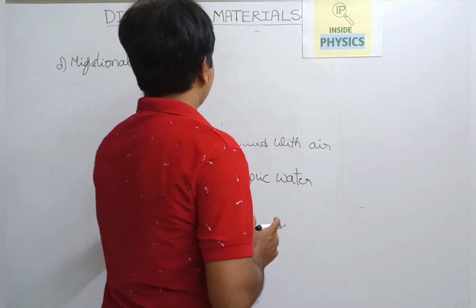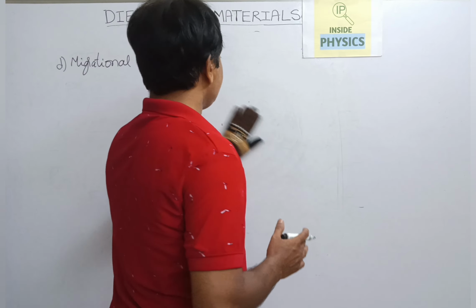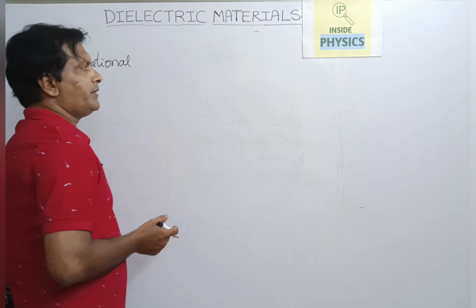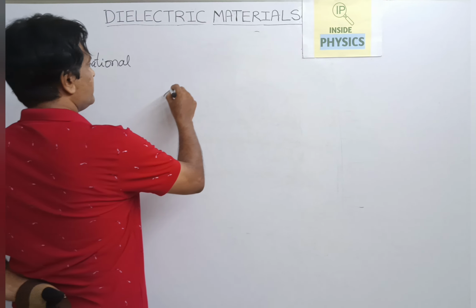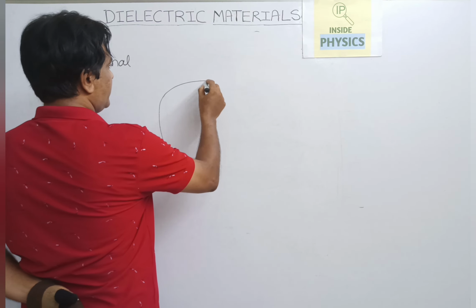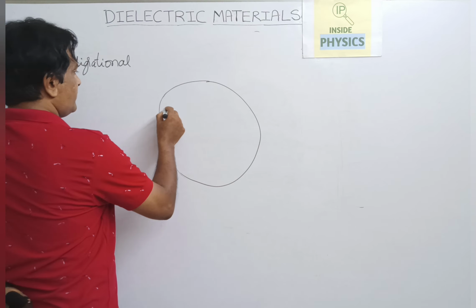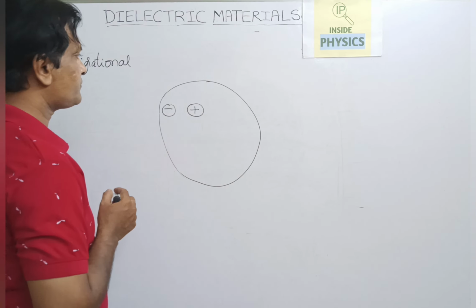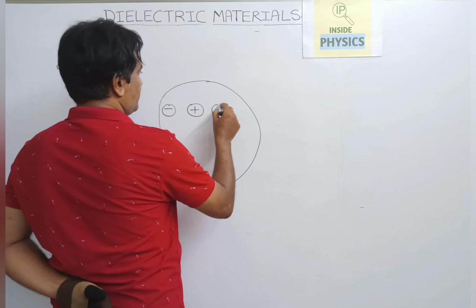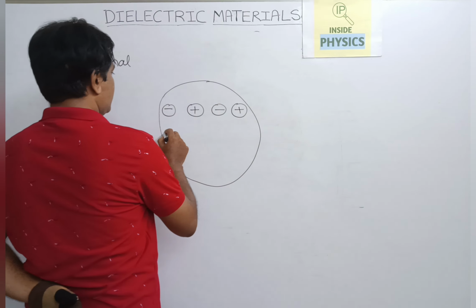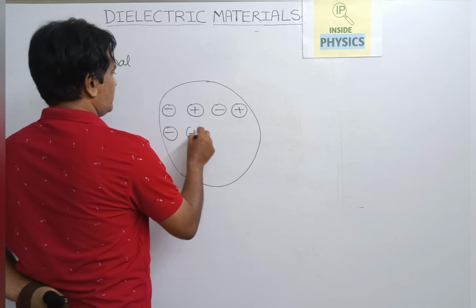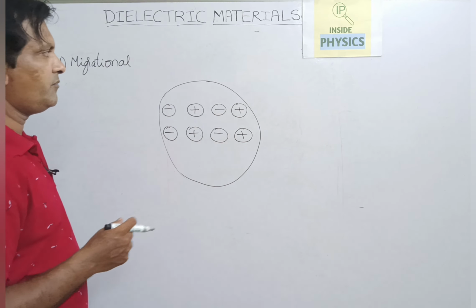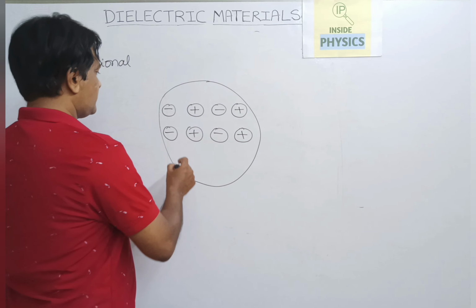So this can be picturized. How can this be picturized? If you take a dielectric material like this, a dielectric material with positive and negative charges, these charges are unevenly distributed inside the material because the material has some impurities.